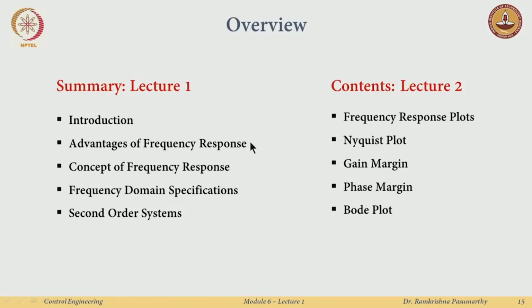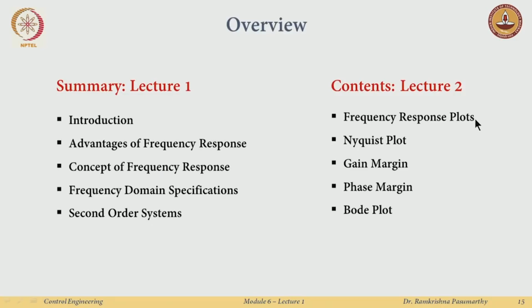We listed a few of its advantages, but we will slowly build upon explaining or justifying those advantages. We defined the concept of frequency response, the sinusoidal transfer function. We also defined a few frequency domain specifications with respect to second order systems.